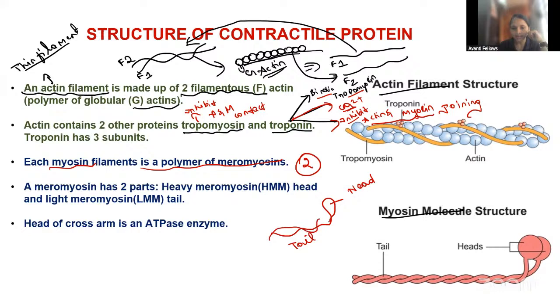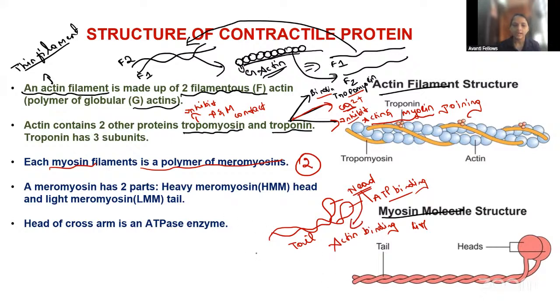And the other one is also combining like this. This head has the ATP binding site and also the actin binding site. You have to remember, the head only has both the actin binding site and the ATP binding site.